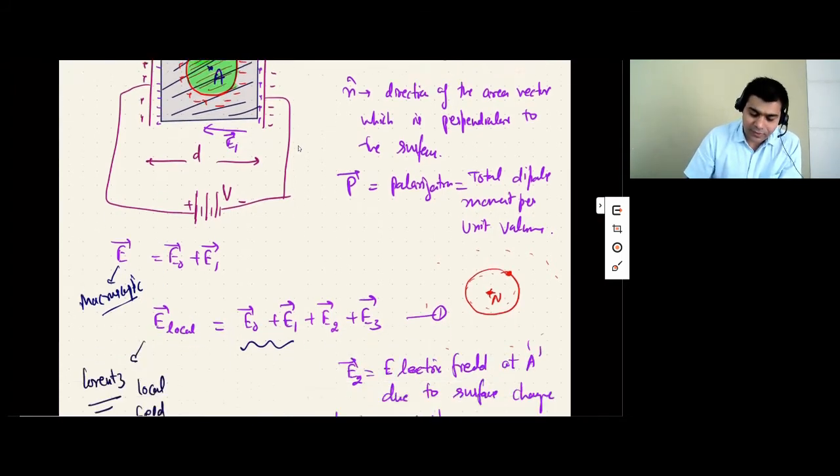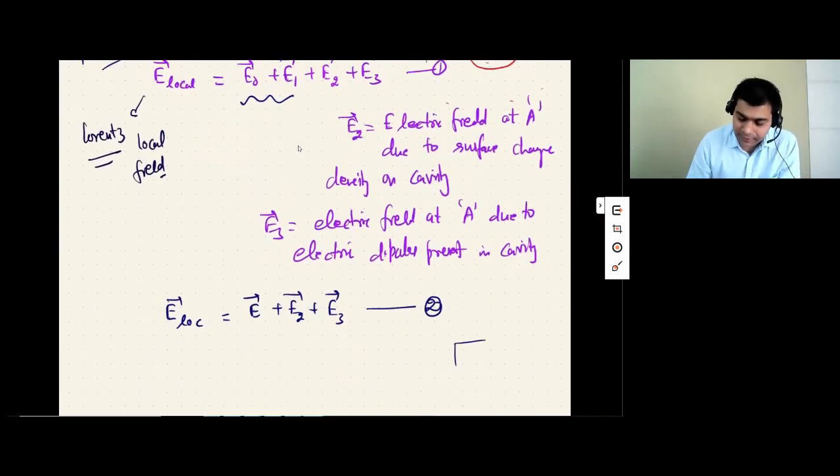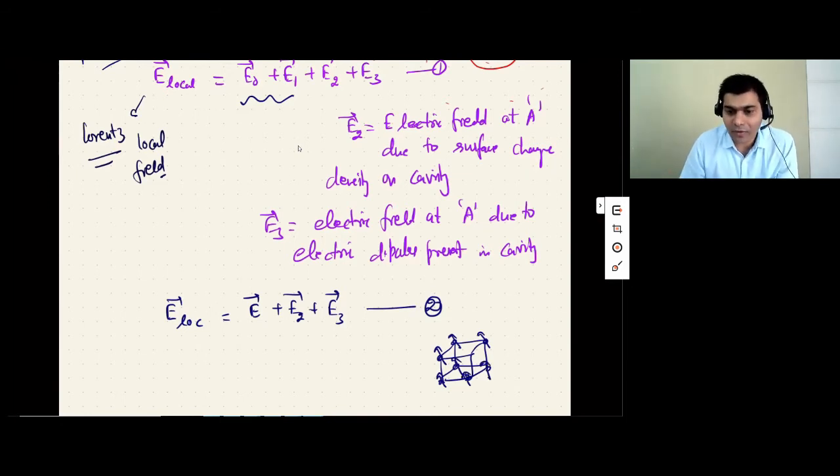If you consider the cubic structure of the material, each atom can be thought of as situated at each corner of the cube, and each atom is like an electric dipole. They are identical atoms, and because we have considered P to be uniform, they point in the same direction with the same magnitude.